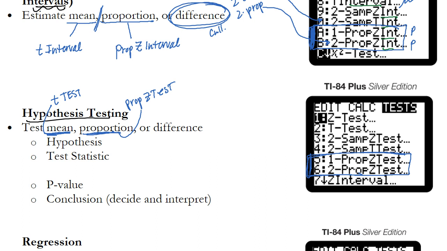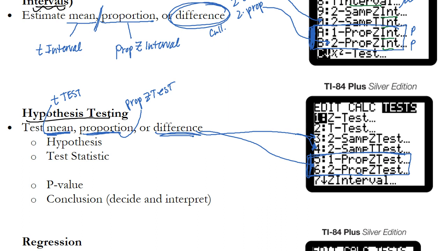The only reason that there's a difference here is so that it asks you for the correct input. If it's a proportion, then you have an x value and no standard deviation. For the t-test or the z-test, they'll ask for standard deviations and means. Difference, again, that's what happens when you have two sample z or two proportion z. Not two sample z, two sample t down there.